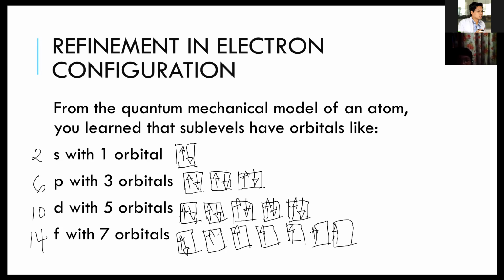Again, the arrow there represents the electrons inside the orbitals. So your F subshell contains 7 orbitals with 14 electrons: 1, 2, 3, 4, 5, 6, 7, 8, 9, 10, 11, 12, 13, 14. Okay. Am I making this clear?